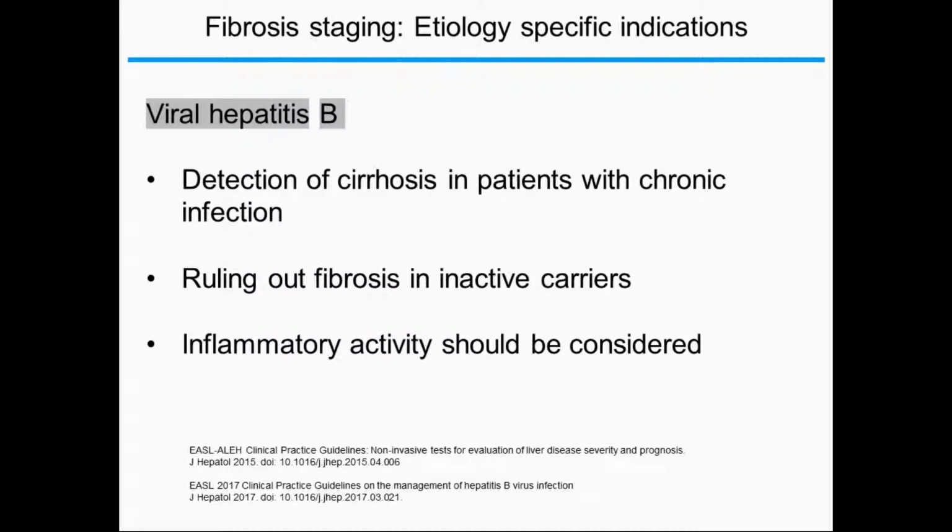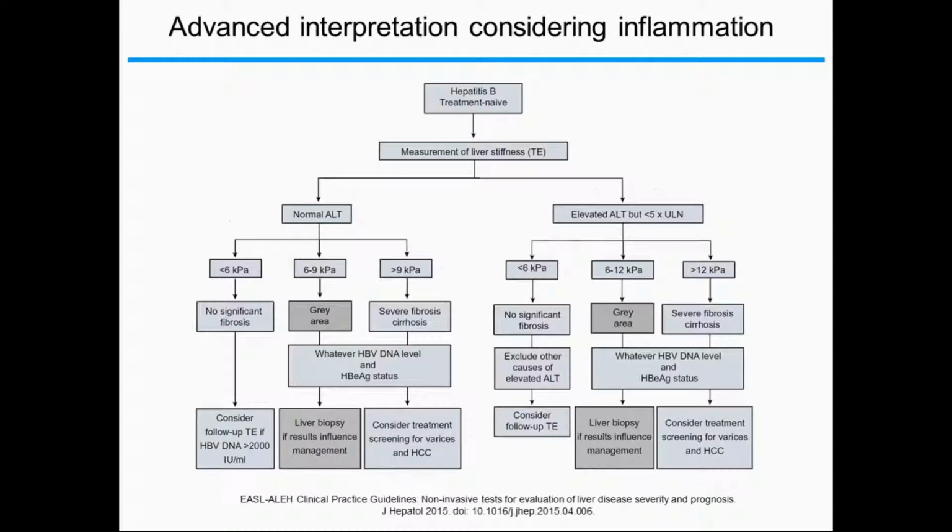What about hepatitis B? In hepatitis B, liver elastography can also be used for detection of fibrosis in patients with chronic active infection, and it may also be used to rule out significant fibrosis in inactive carriers of the virus. However, viral hepatitis B is characterized by inflammatory activity, and that needs to be considered when interpreting the results.